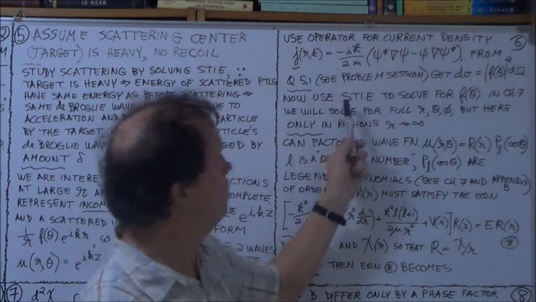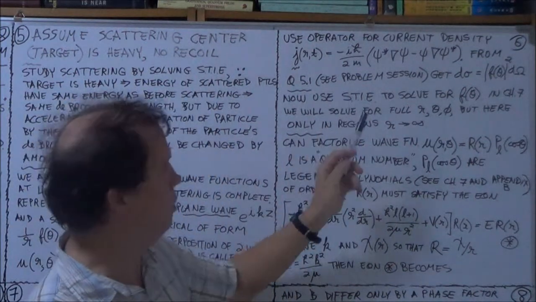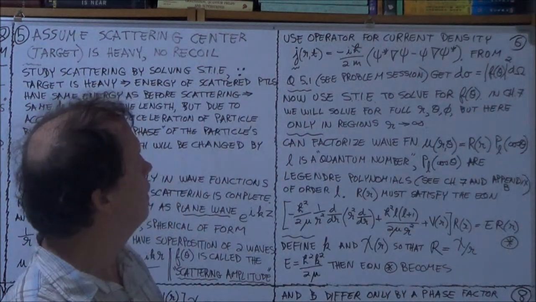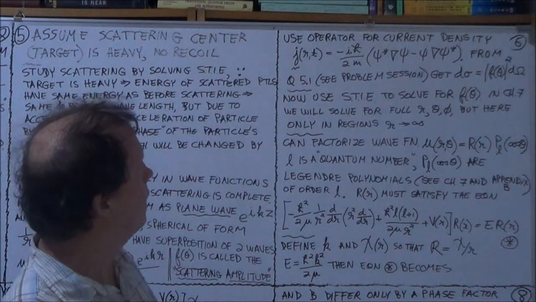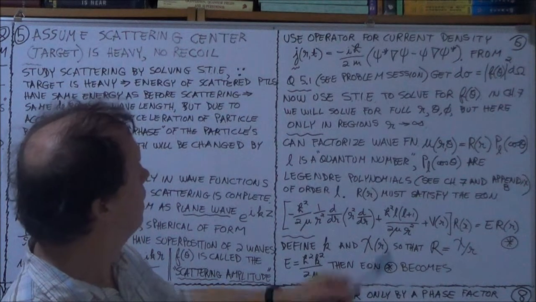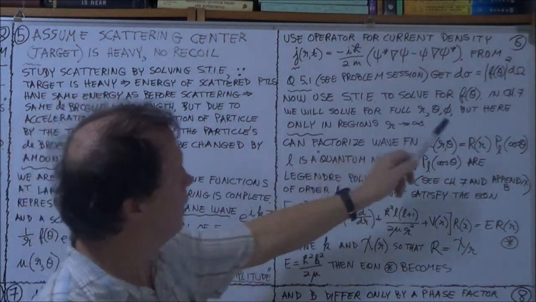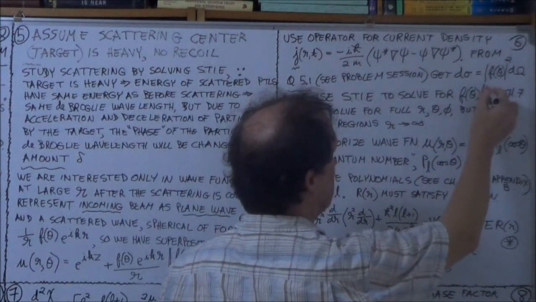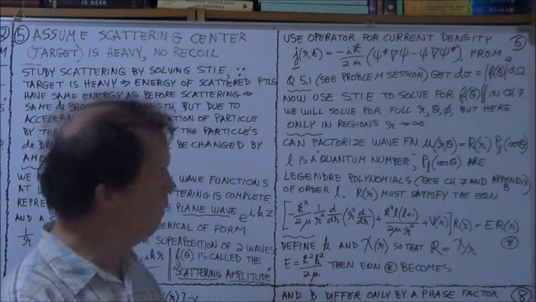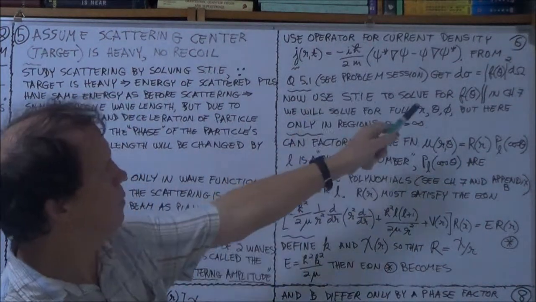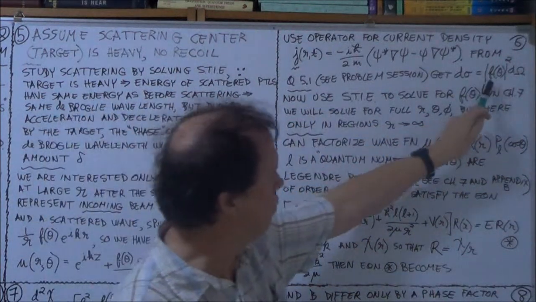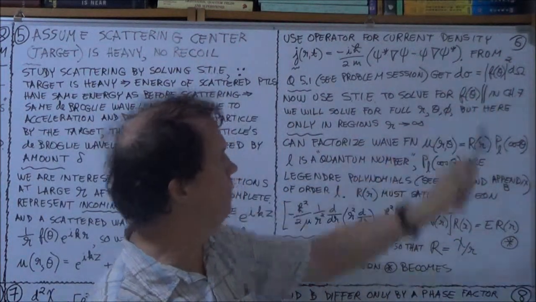You can use Schrodinger's equation to find what this f actually is. So the essential idea is that you use Schrodinger's equation to solve for what f is.